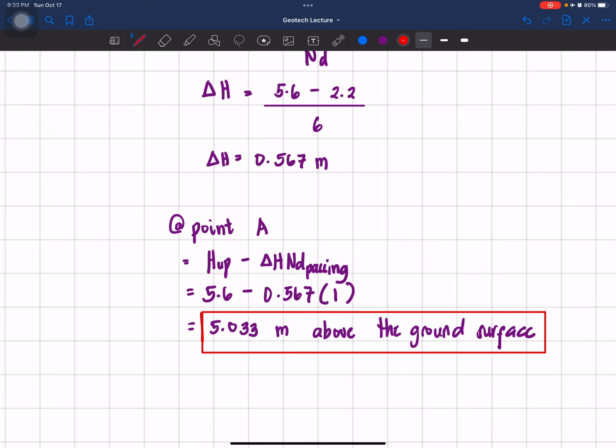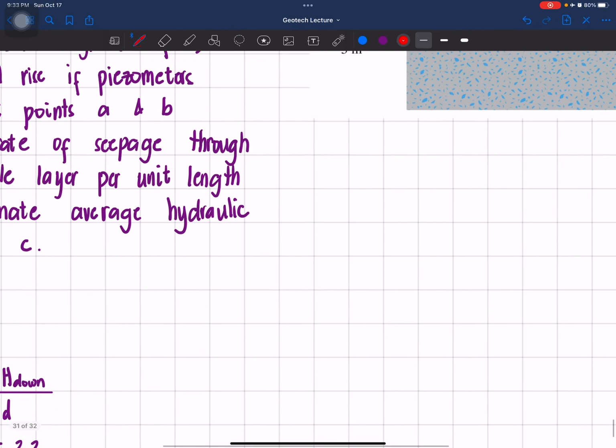How about at point B? Because the first question asked for the elevation of water placed at points A and B. So where is our point B?